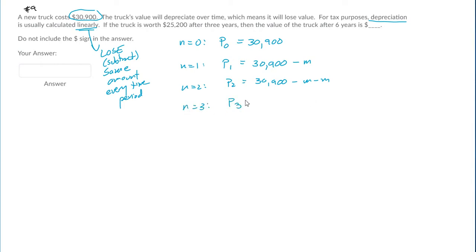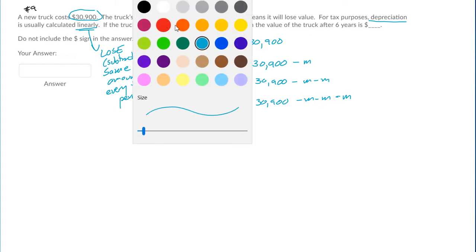At time 3, we've got 30,900, take away 2 m's like before. That was the previous amount, and then I lose another m because that's what happens every year. They're giving me the value after 3 years. So this value right here, we know what this is. Let's write this in a more compact way using multiplication like we did before.